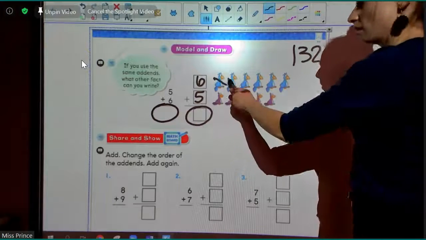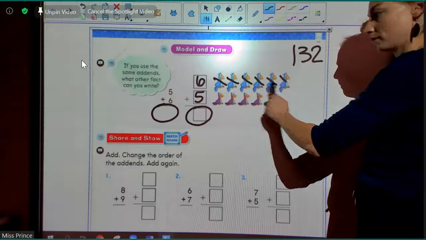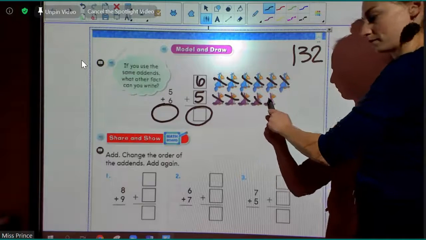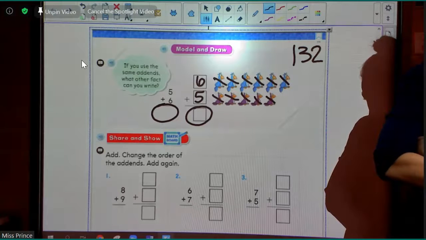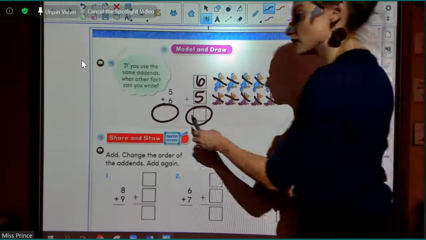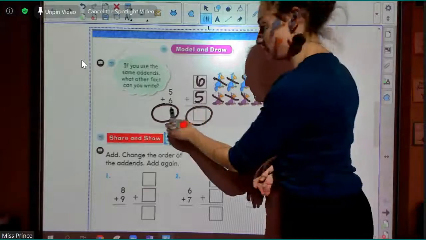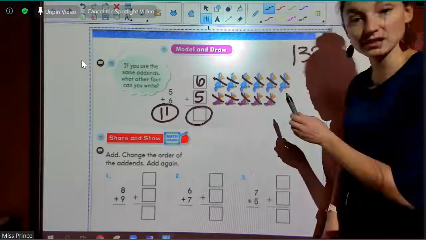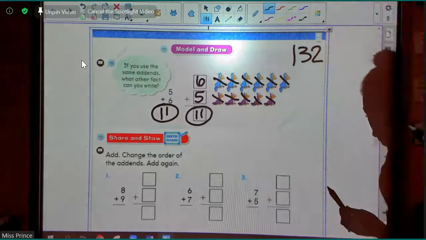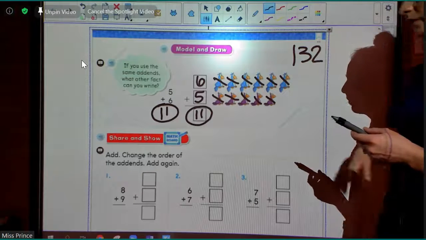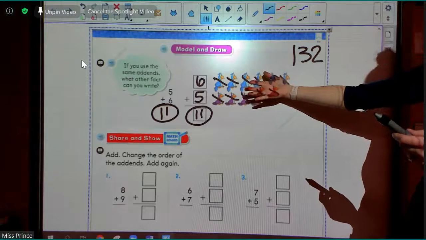You're going to go and count all of them. 11. So 5 plus 6 is 11, and 6 plus 5 is 11. Do you see how we get the same answer? All we would be doing is just flip-flopping it.